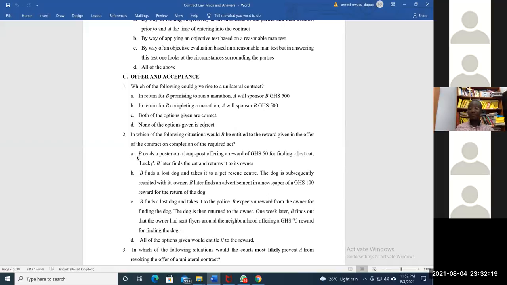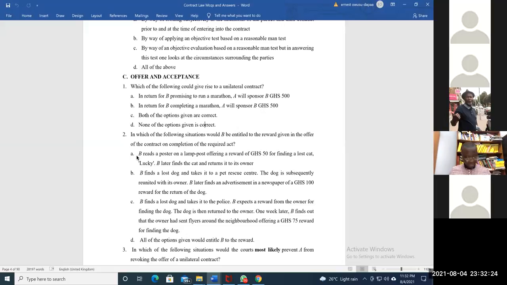Because if we take the book I'm holding now, Jelfu, they will just support that where you are not aware of the reward, you cannot get it. For example, look at what they say at page 14: there are other legal principles applicable to unilateral contracts which it is convenient to consider at this point. A, it is possible to accept a unilateral offer of a reward only if you know that it has been made and accept in response to it.